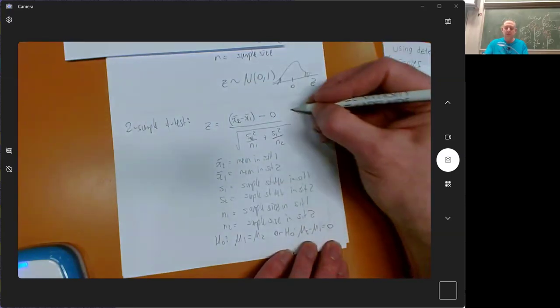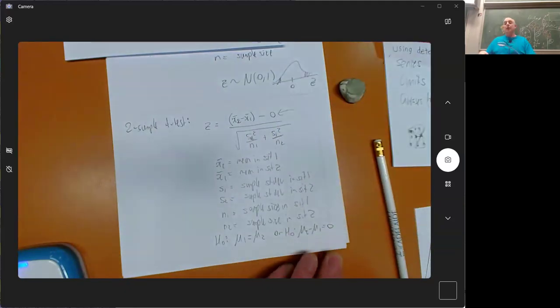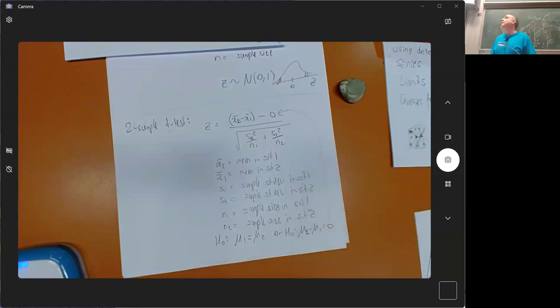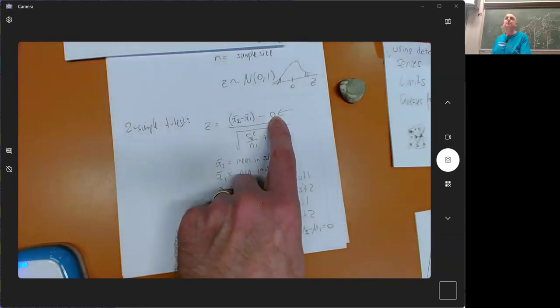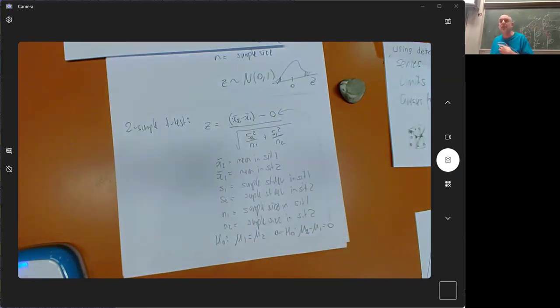And so the 0 is the number that goes in that spot. So it's important to pitch your null hypothesis in such a way that you can pick a number to go in this spot. And so we've picked 0 because the difference is 0.